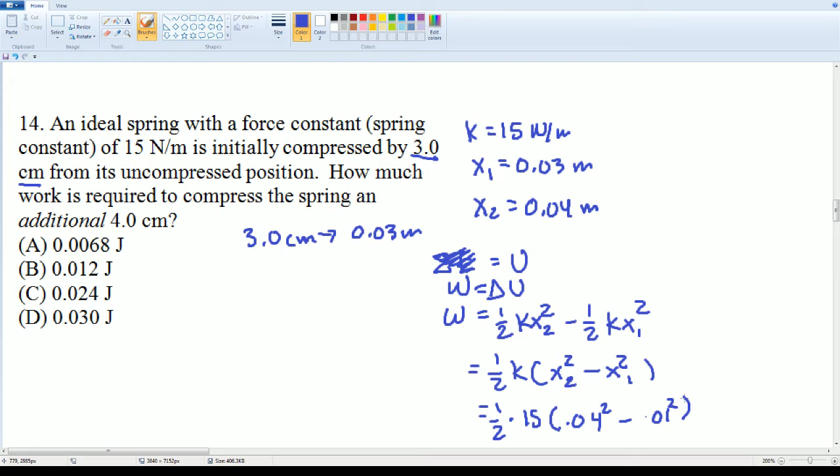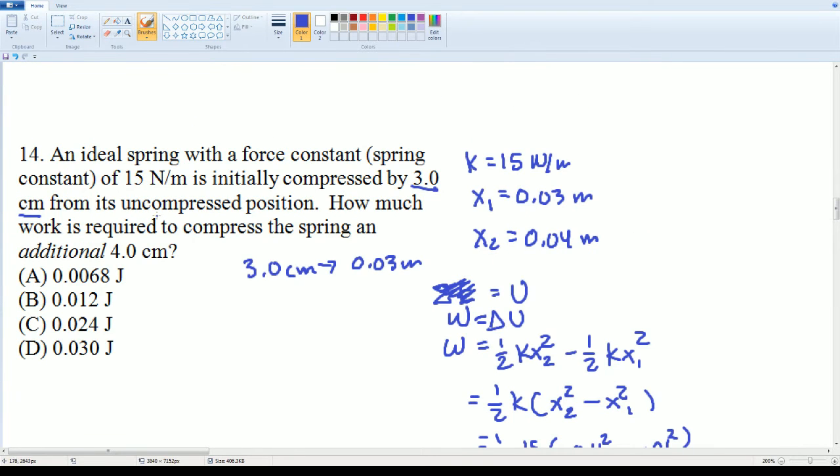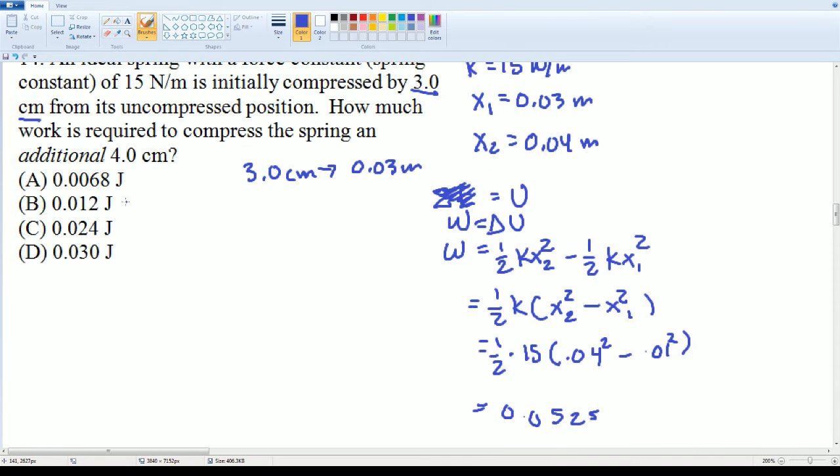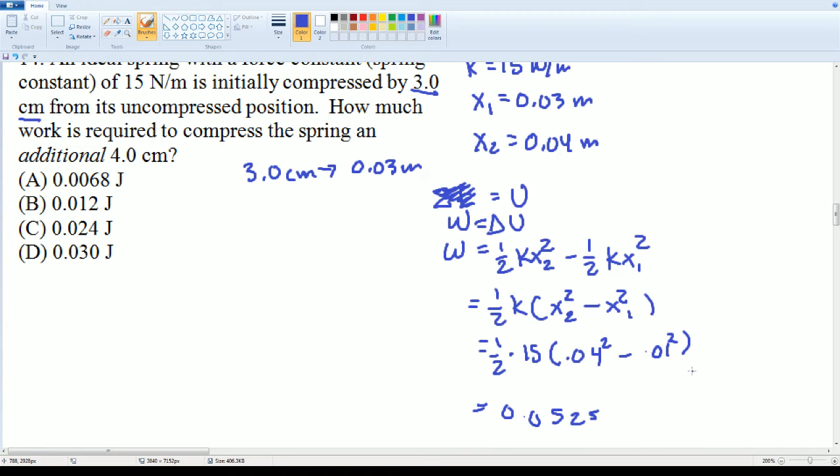Something's off. 1/2 times 15, compressive spring final, because this is what I got. 0.0525, doesn't look like it's in here. The spring constant's here. It's initially compressed by 30 centimeters from its uncompressed position, so that is its initial. This should be a 3.